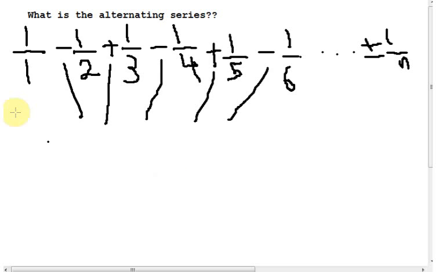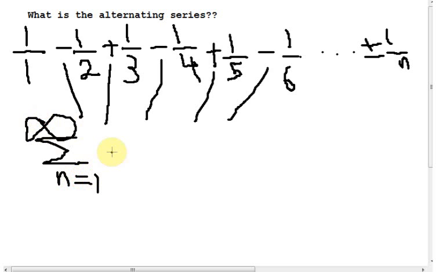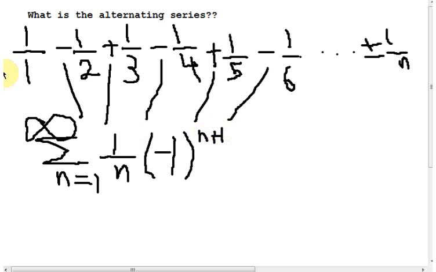The sigma notation of this particular example would be sigma of n with the starting point at 1 to infinity of 1 over n, and we have to have something to change the sign between positive and negative, so that'll be negative 1 to the n plus 1 in this case, and that's because the sign would have to alternate in between every term.